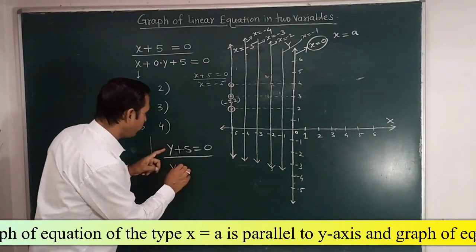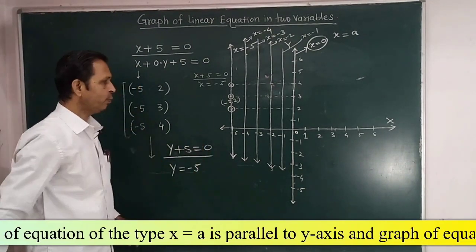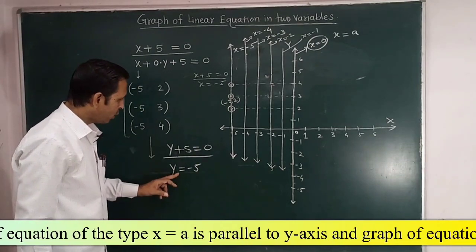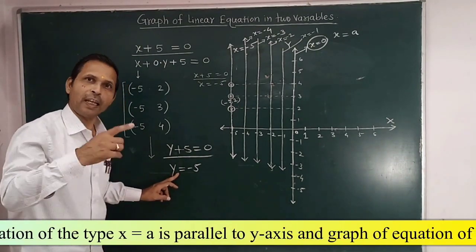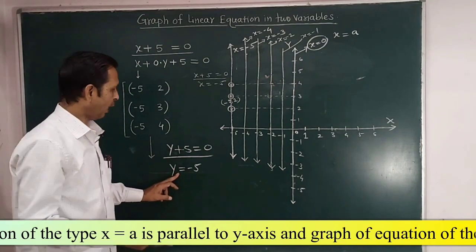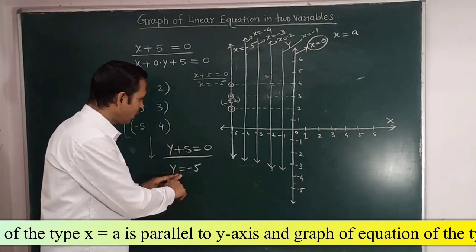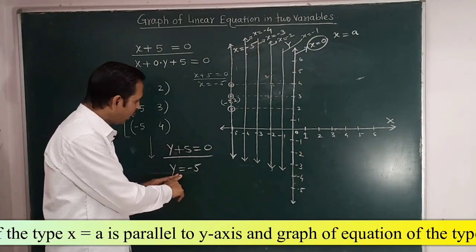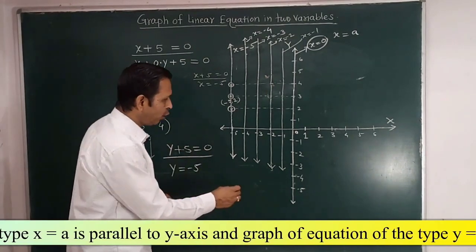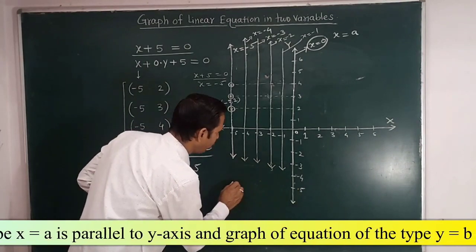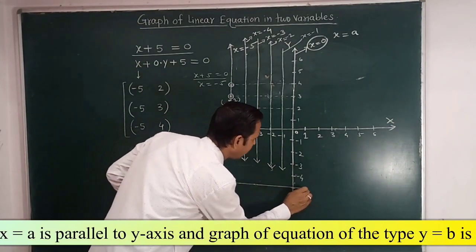Now when we write y is equal to minus 5, then this equation is parallel to the x-axis, and this line of the equation y is equal to minus 5 is parallel to the x-axis and passing through the point minus 5.